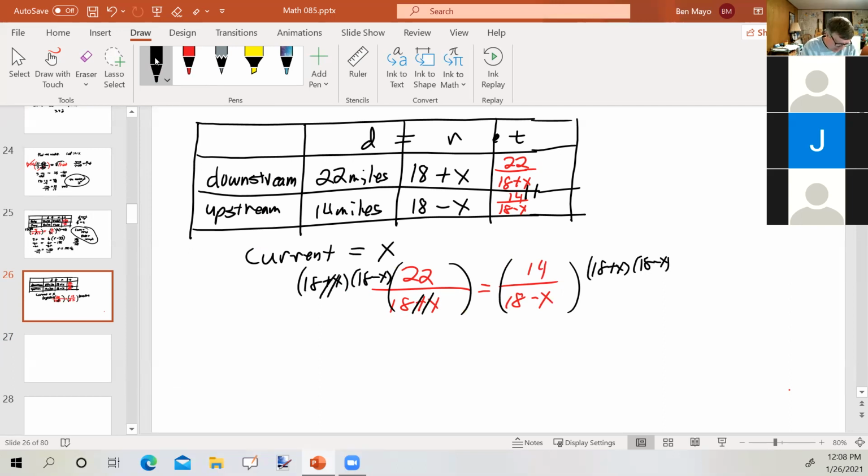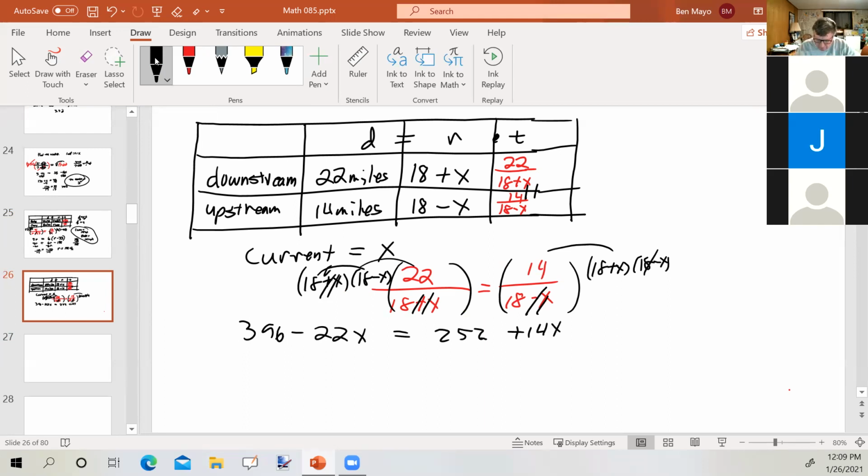And let's see here, 18 times 22 is 396 minus 22X equals, over here, 14 times 18, which is 252 plus 14X.